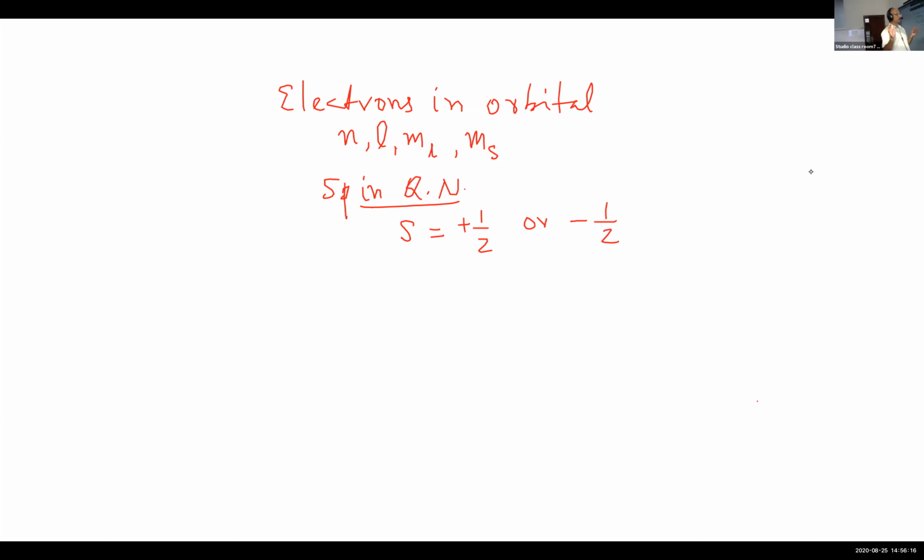And if the two electrons have the spin quantum numbers plus half and minus half, then we say the electrons are paired. They are spin paired electrons, which have opposite spins, the opposite spin quantum numbers also.